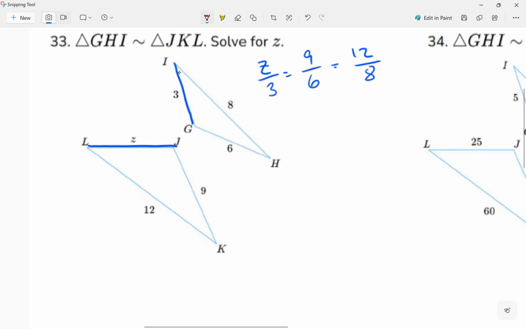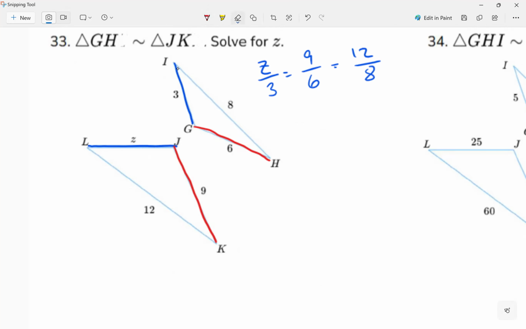Another thing I could have seen is the side JK. Again, as in first, second, or third, I'm using the first and second letter. So if I erase the third letter here, I'm going to say JK is corresponding with GH.